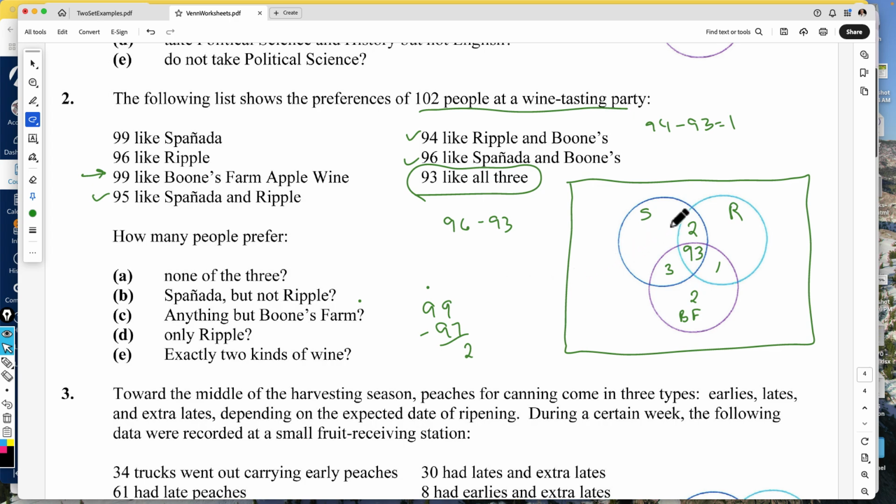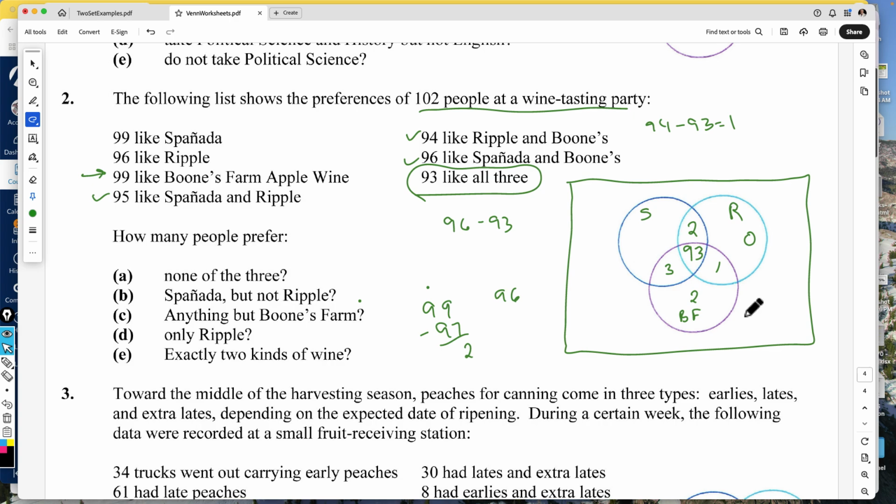How many like Ripple? Ripple is here. And so we got 96. But how many have we already counted? 93 plus 2 plus 1. That's 96. We've already counted 96. How many are in this region? 0. Nobody only liked Ripple.